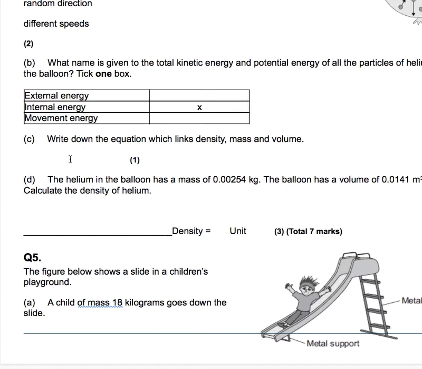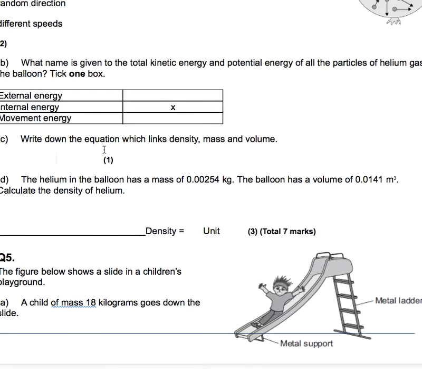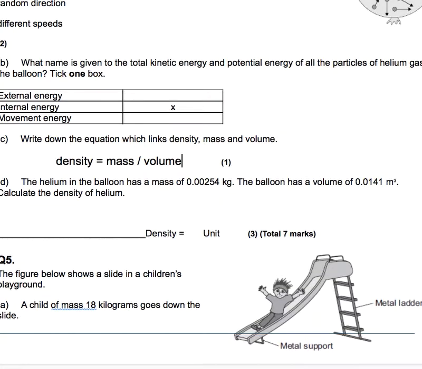Make sure you do. And again, another thing you need to know, and remember I said that about 40% of your GCSE hinges on maths and the application of it. If you don't know your equations, then you've had it. So the equation, density is mass divided by volume.